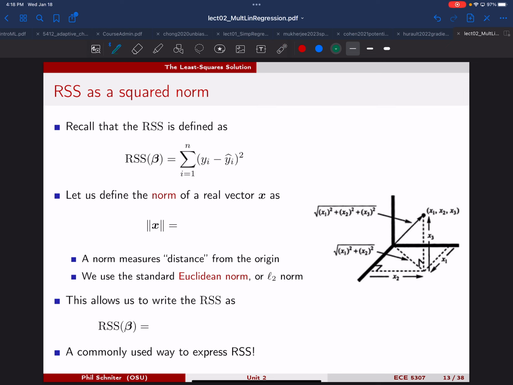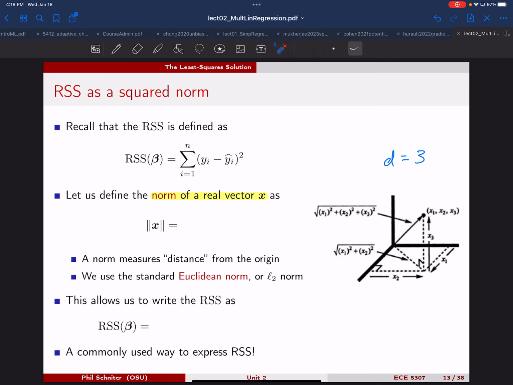So one of the ways that we can connect this criteria to other things that you see in other fields is to bring in this concept of a norm, the norm of a vector. The norm of a real valued vector is basically its length. For example, this is going to be the case where d is 3.